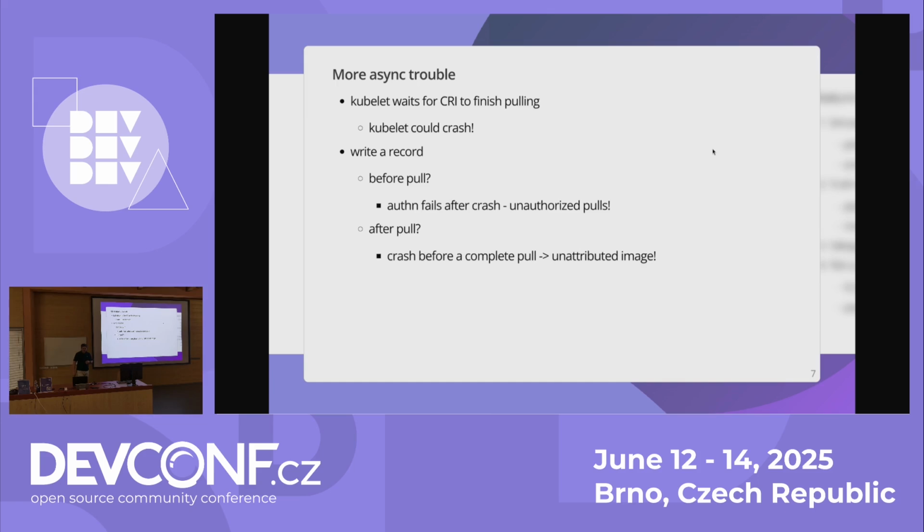There's more trouble though. So you're thinking about the cache, right? You're writing the records in there. But since we've got two async components, we've got a kubelet which issues a request for an image pull to the container runtime. But if the kubelet crashes somewhere through the process, the container runtime doesn't care.